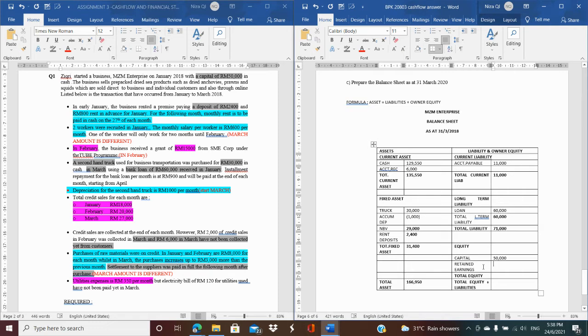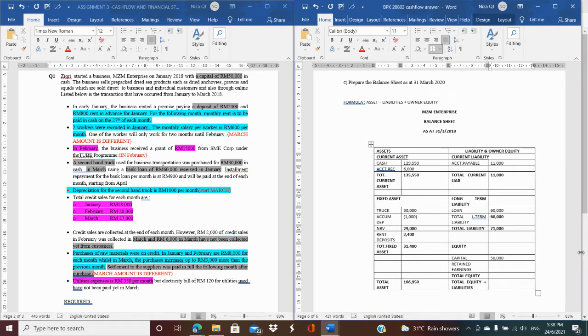The retained earning is actually adding up the income from month to month to get the retained earning for that month. You will usually start with 0 and then you will add the net income for January.